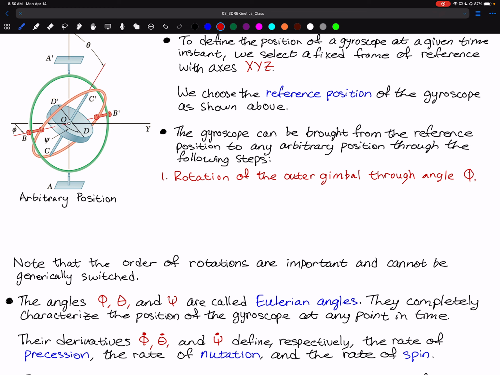Our second step is a rotation of the inner gimbal through theta. And then lastly, 3, a rotation of the rotor through the angle psi.